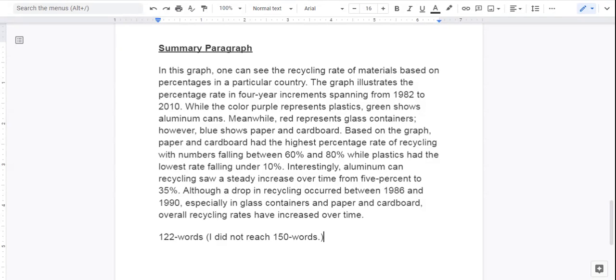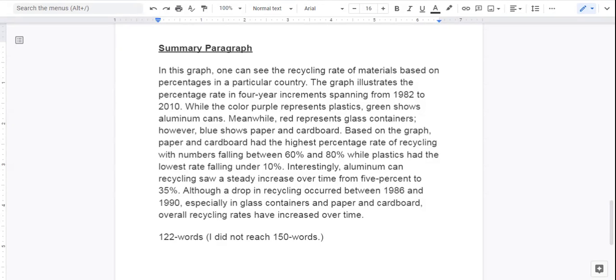Based on the graph, paper and cardboard had the highest percentage rate of recycling, with numbers falling between 60 and 80%, while plastics had the lowest rate, falling under 10%. Interestingly, aluminum can recycling saw a steady increase over time from 5% to 35%. Although a drop in recycling occurred between 1986 and 1990, especially, and maybe I should have said specifically, in glass containers and paper and cardboard, overall recycling rates have increased over time.